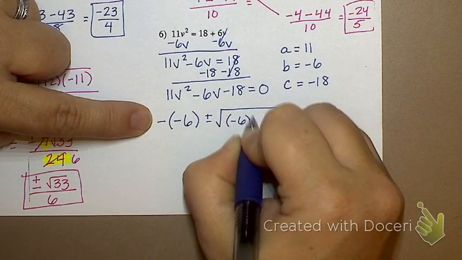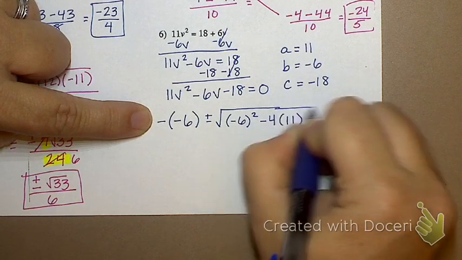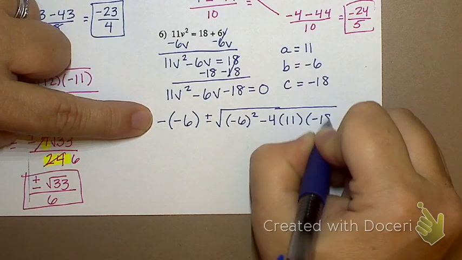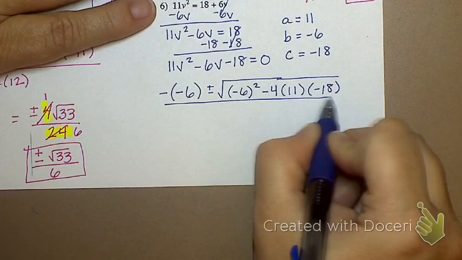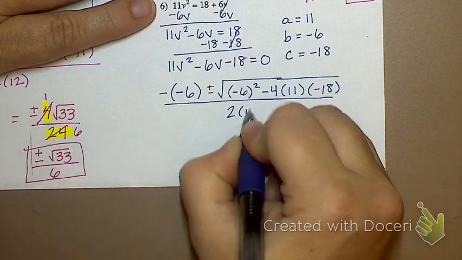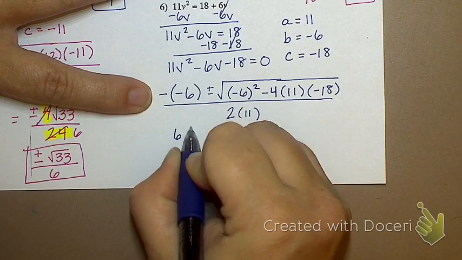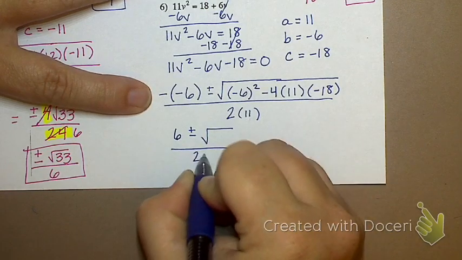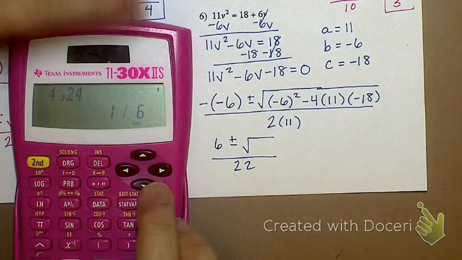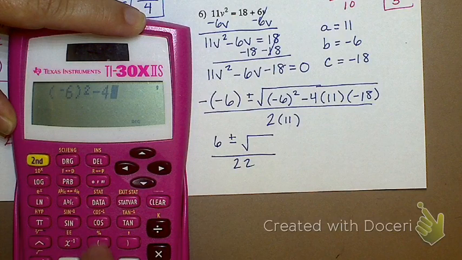B squared minus 4 times A, all over 2A. So let's see. Negative 6 becomes positive 6, plus or minus the square root of something over 22. Negative 6 squared minus 4 times 11 times negative 18.